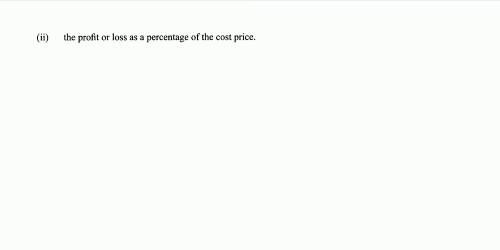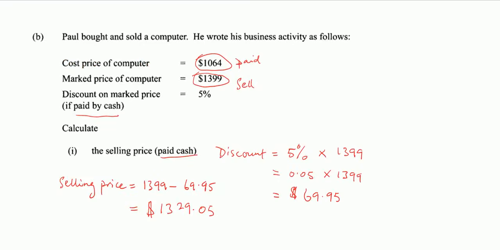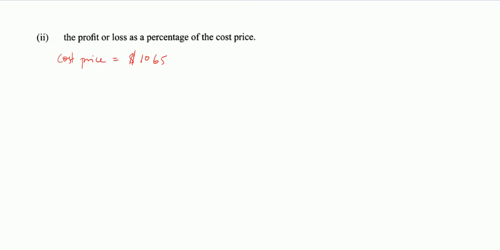Now let's go back here. He paid $1,064 for the computer, so let me write that here. So cost price is equal to $1,064.